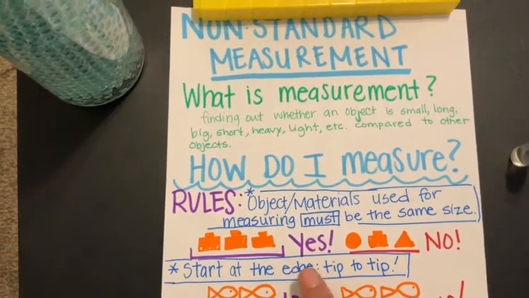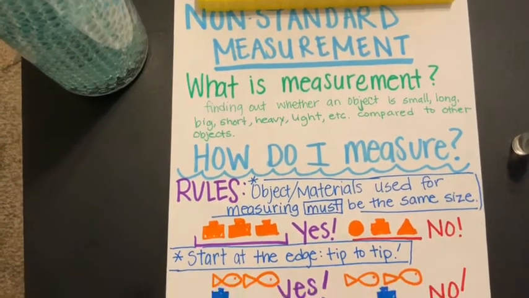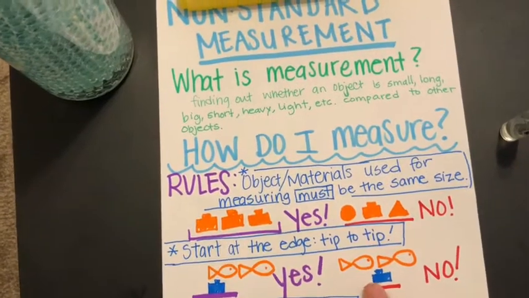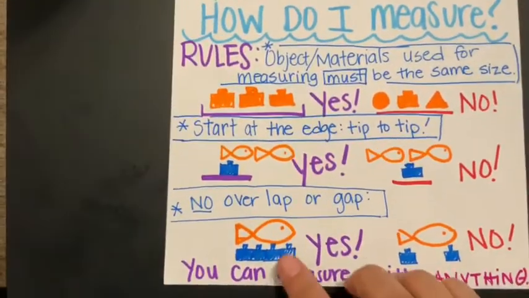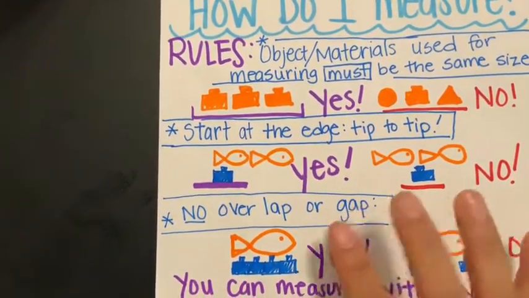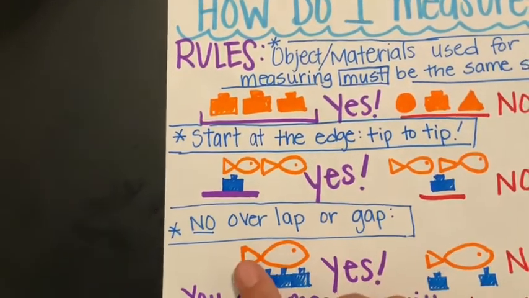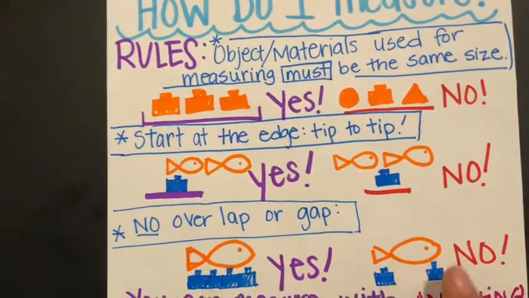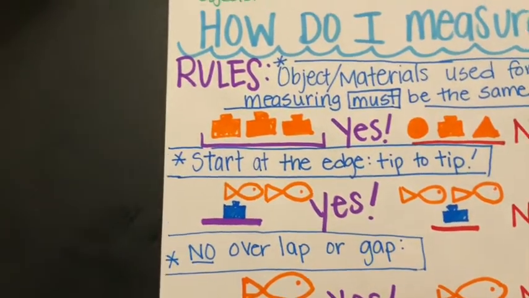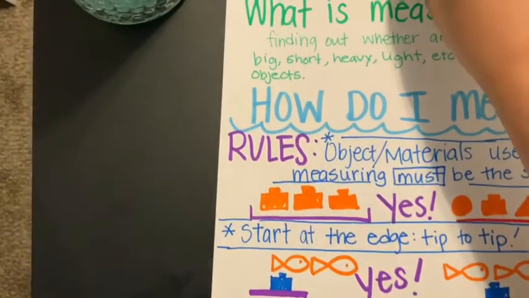The next rule is to start at the edge, tip to tip. We don't want to start in the middle. We want to start on the side. And the last one is there's no overlapping and no gaps. They need to be side by side when we're measuring, and not have gaps like this or have them overlapping each other.